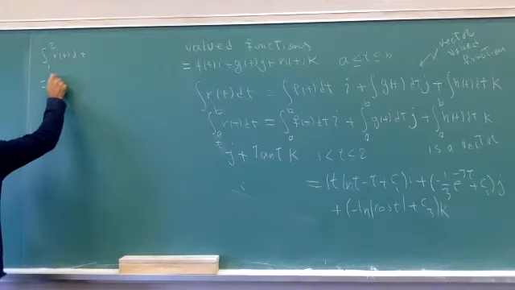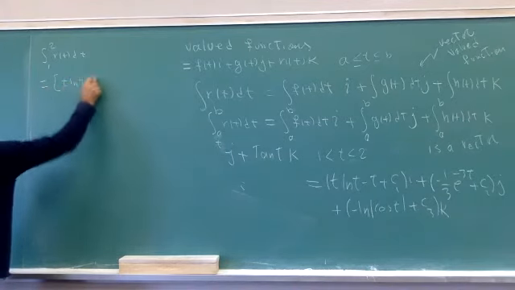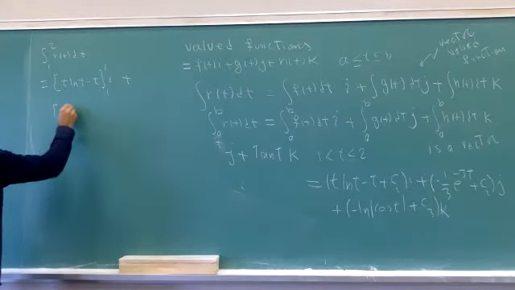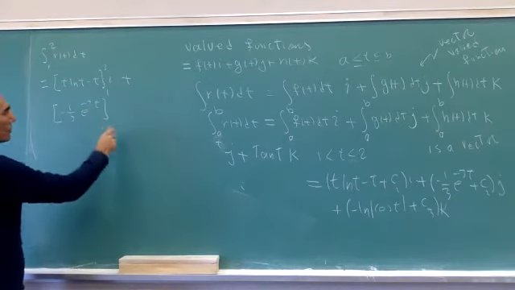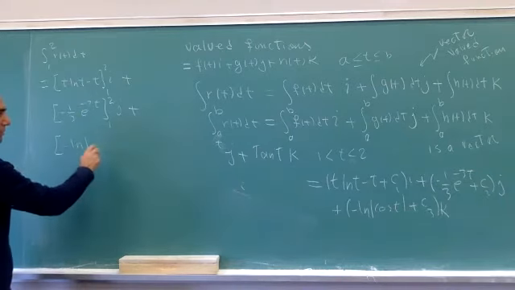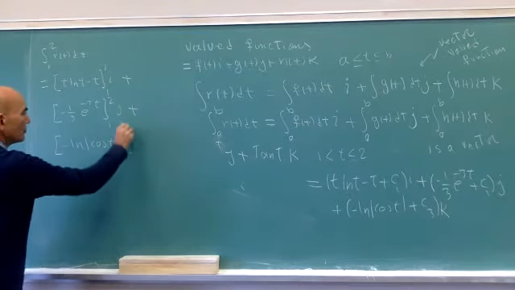So this would be t ln t minus t from 1 to 2 times i, plus the next one, negative 1/3 of e to the negative 3t from 1 to 2 times j, plus the last one, negative ln absolute value of cosine of t from 1 to 2 times k.